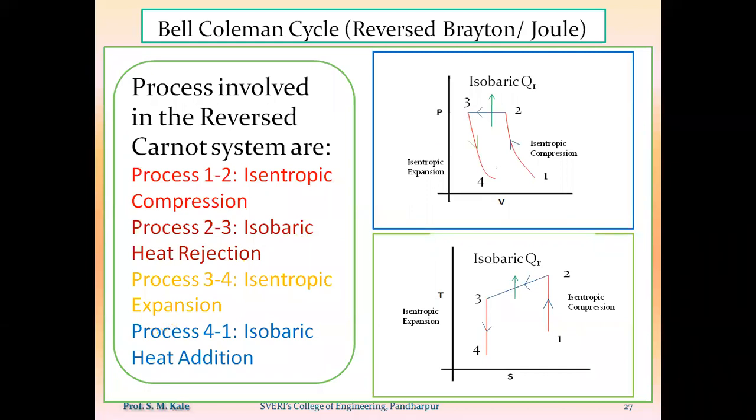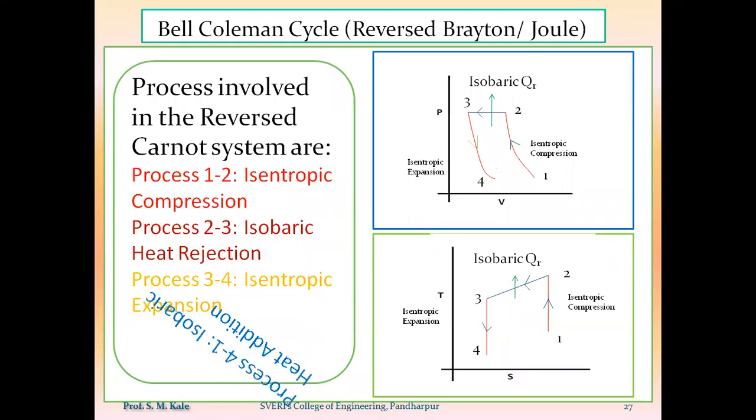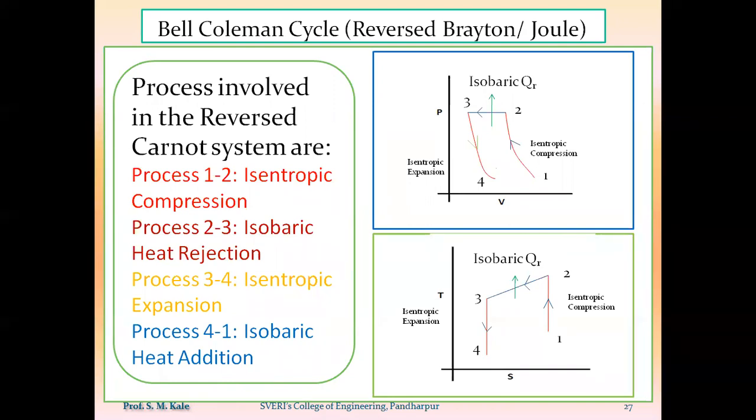That air will have the lowest pressure and lowest temperature, so it has the ability to absorb heat from the substance we want to cool. That low temperature, low pressure air is supplied to the refrigerator, where it absorbs heat at constant pressure. That means process 4 to 1 is the isobaric heat addition process, drawn on the PV diagram likewise, and shown on the TS diagram as process 4 to 1.